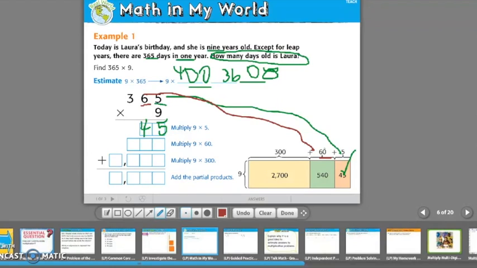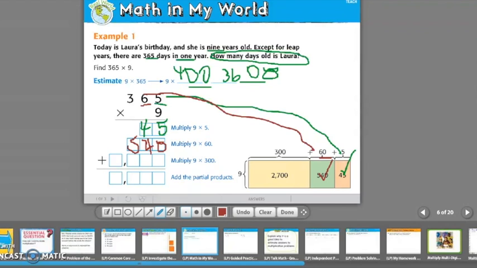I put my 0 at the end because I'm actually doing 9 times 6 tens. So I get 540.